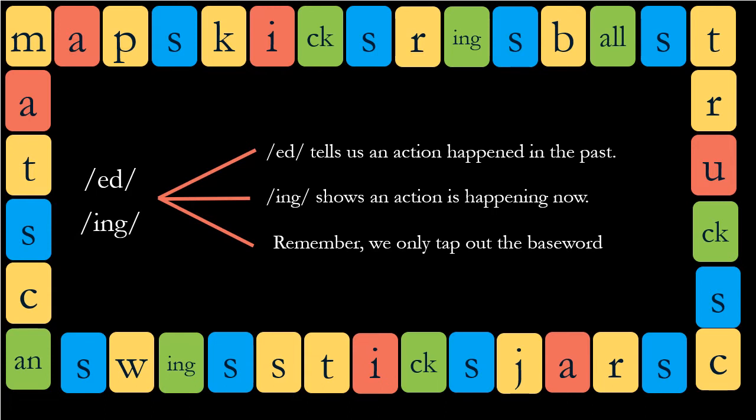And finally, like we said in the last video, remember, we only tap out the base word. So when we do a word like typing, we only do t-i-p. We don't count the ing. That's a suffix. We're going to treat that in a different way, which you'll see soon. And remember, they have other uses also.